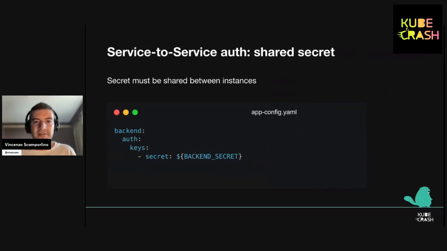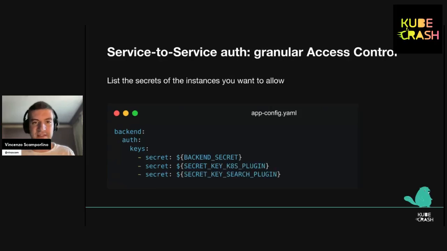Or in case you have hardened requirements, there is also a possibility to provide more granular access control by specifying multiple secrets. If you do that, the first key is going to be used for signing the request, while the other keys will be used for validating the request. So this means that you can set up a kind of asymmetric configuration where some plugins don't have access to other plugins.